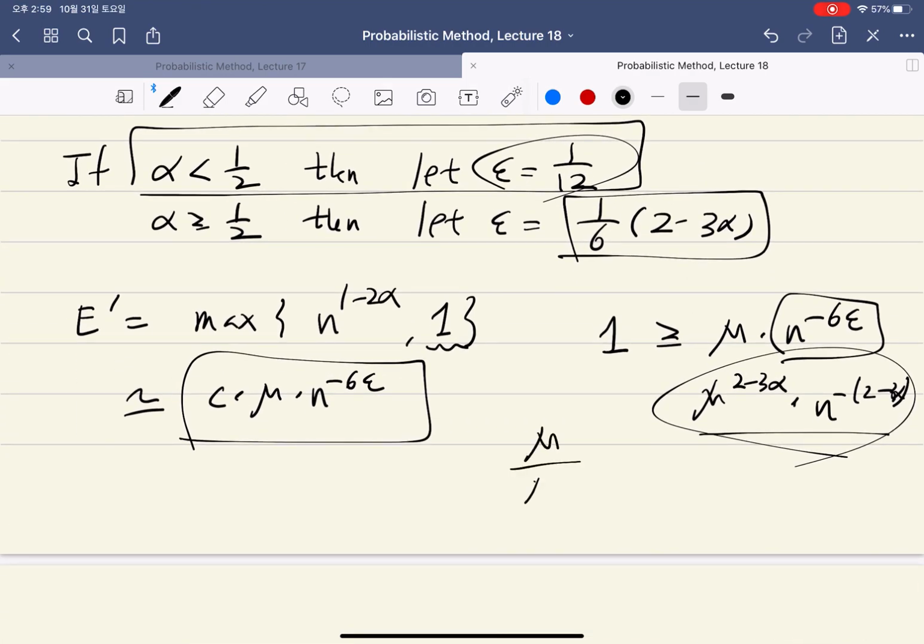So let's do this: epsilon is 1 over 6 times 1 minus alpha. Then we can get this. We can actually check this.